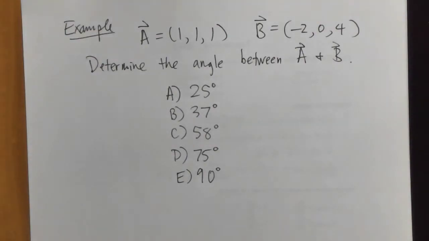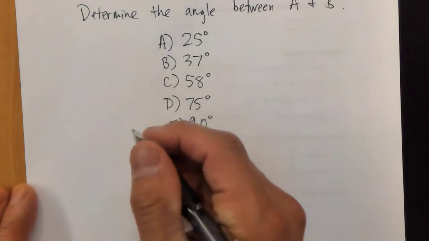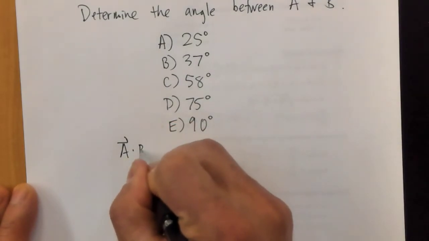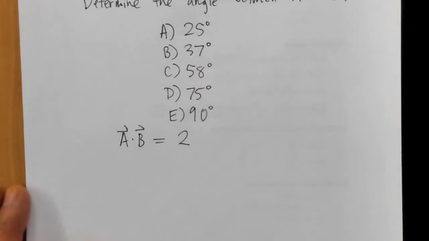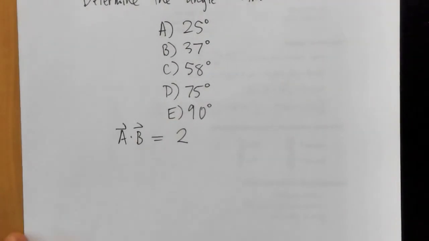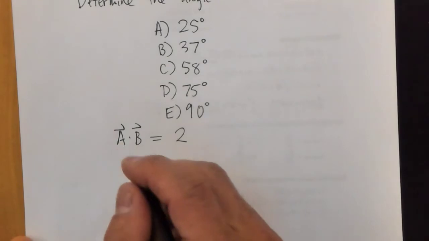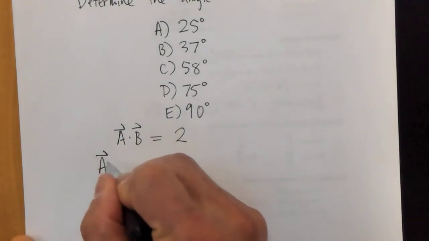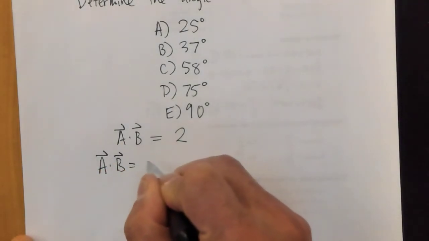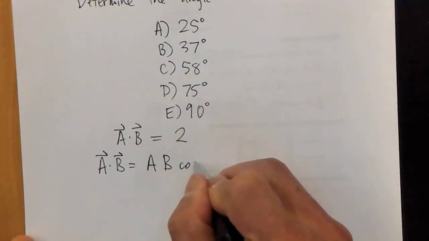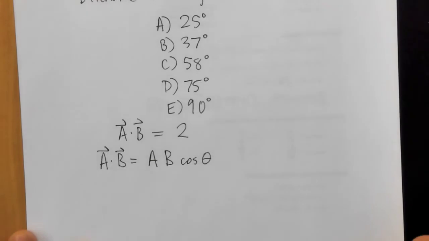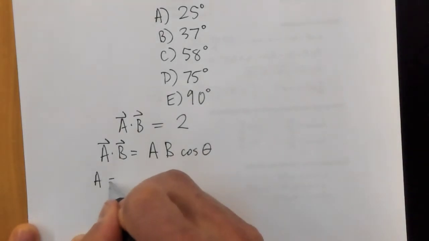So we already know the dot product. A dot B, when we did it in terms of components, we found it was equal to 2. So we don't have to do that again. Now we can also say A dot B is equal to the magnitude of A times the magnitude of B times the cosine of the angle between them. But what is the magnitude of A?